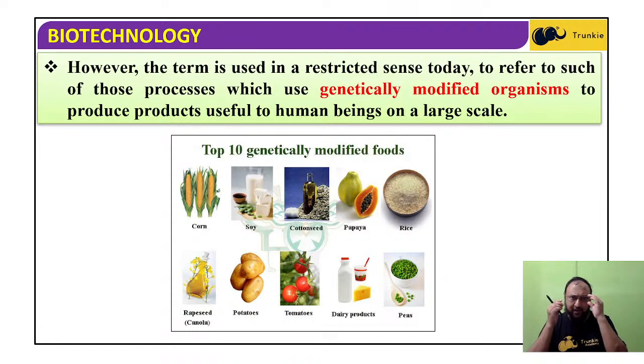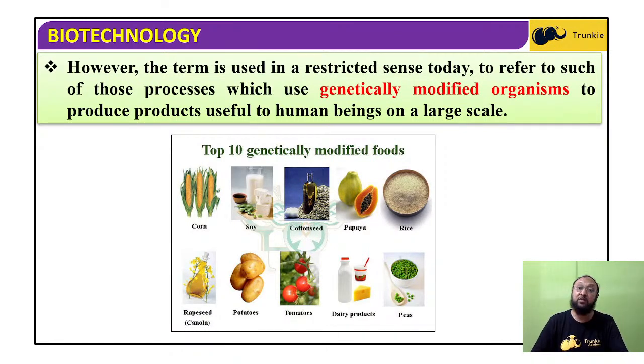Nowadays the term refers to processes that use genetically modified organisms to produce products useful to human beings on a large scale, like corn, soy, cottonseed, papaya, rice, rapeseed, potatoes, tomatoes, dairy products, and peas. These are genetically modified foods.